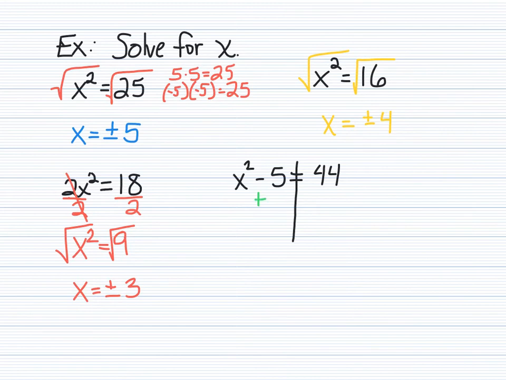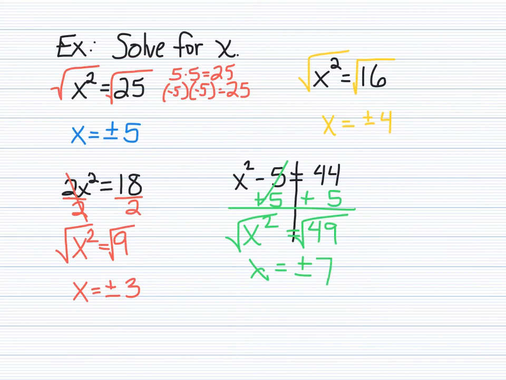So I'm going to add 5. So I've got x squared equals 49. Well, that's great. Take the square root, and x equals plus and minus 7.